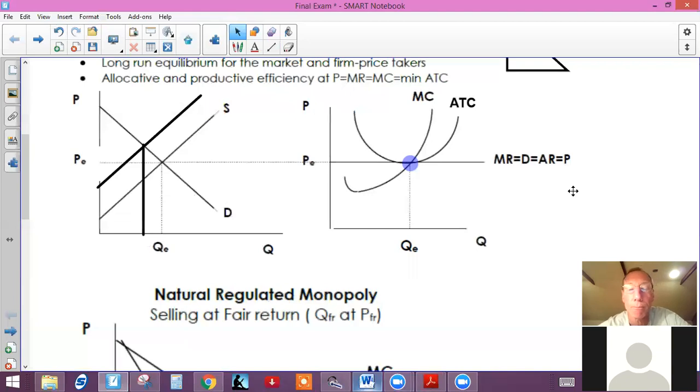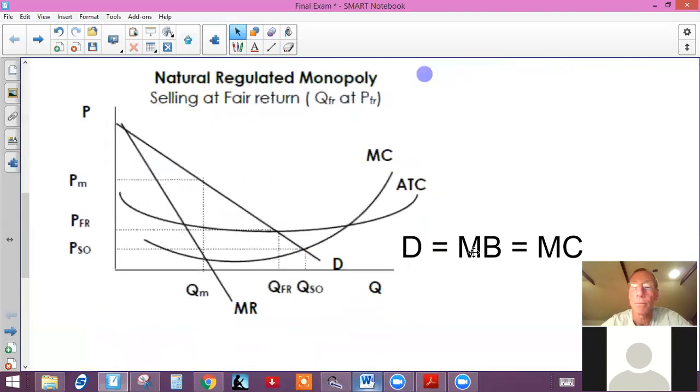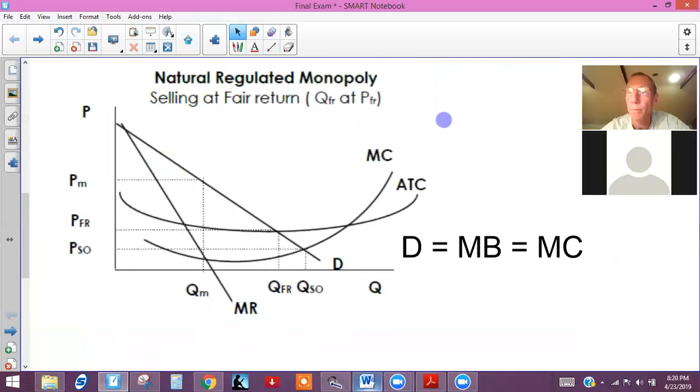Could you go down to the monopoly graph again? Sure. So the firm wants to produce at PM, QM, is that right? Right. And the allocative efficiency is PSO to QSO?